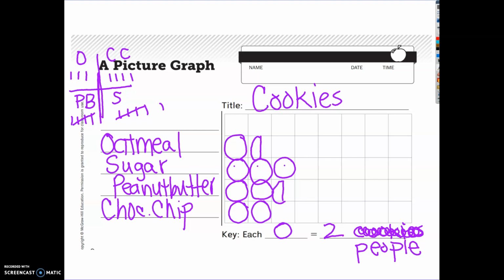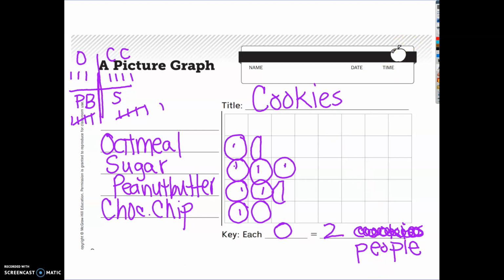We could say how many people liked cookies. So we would just add them all up. So 2, 4, 6, 8, 10, 12, 14, 16, 17, 18. So 18 people like cookies. They would probably go through a lot of cookies at their house.